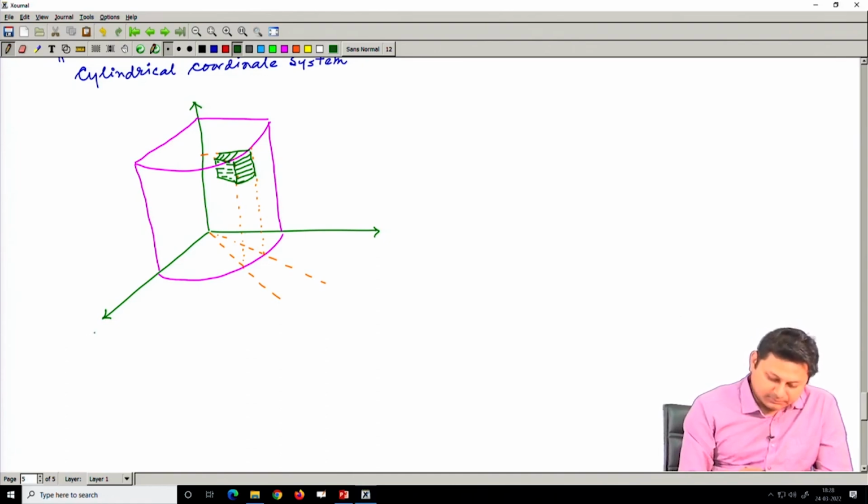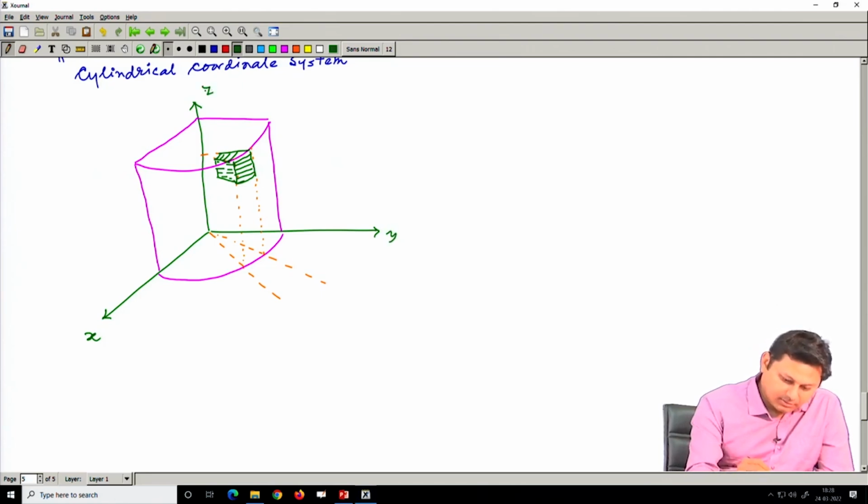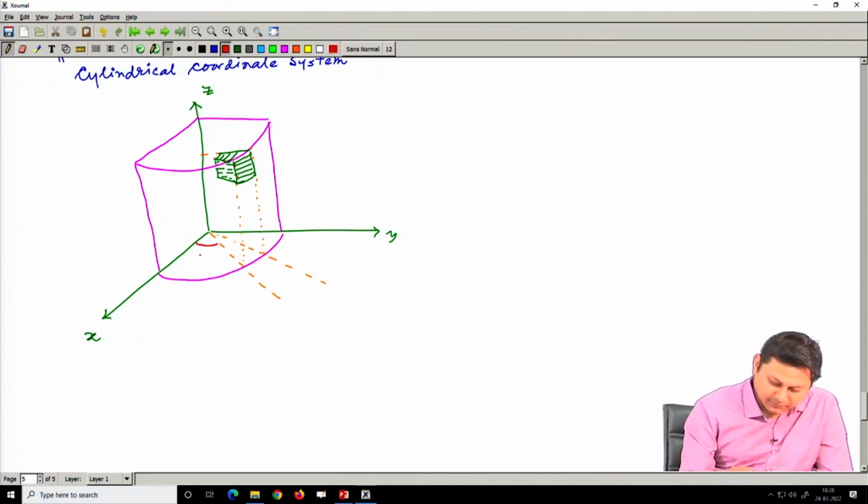So now this is my x, y and z. Now, I define these coordinates here. So this is my phi. If this is phi, from here to here, this is my d phi.